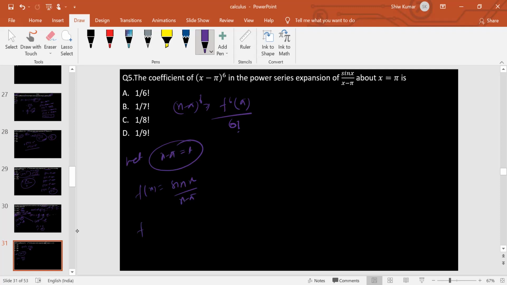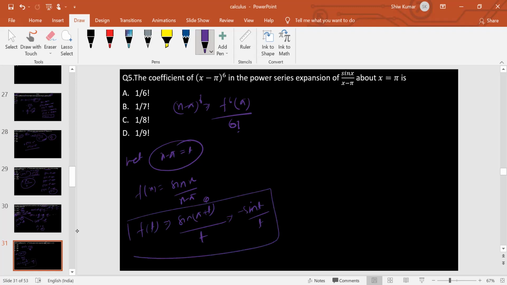So x minus pi equal to t means the x value will be pi plus t, and the function reduces to sin of pi plus t divided by t. Sin of pi plus t is in the third quadrant, so it will become minus sin t by t. So this is f of t.